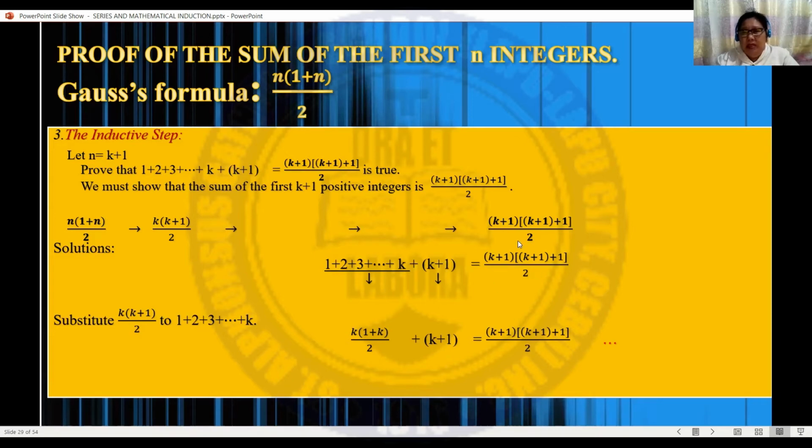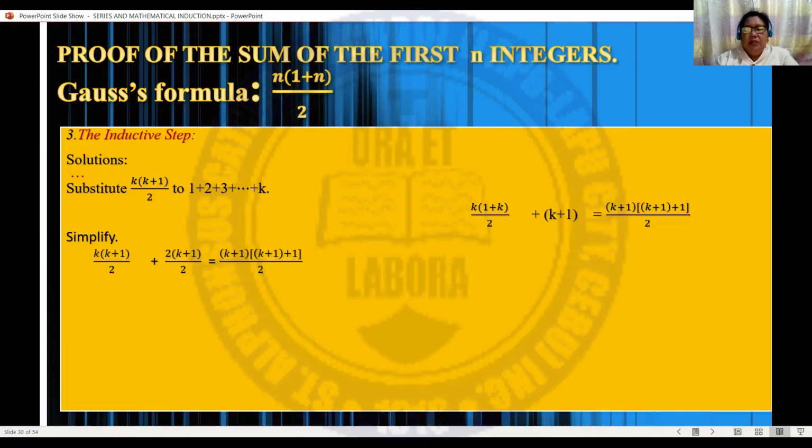And copy this part. Then we have to simplify this portion here. So the LCD is 2. 2 divided by 2 is 1 times k times the quantity 1 plus k, or k plus 1. 2 divided by 1 is equal to 2 times k plus 1.